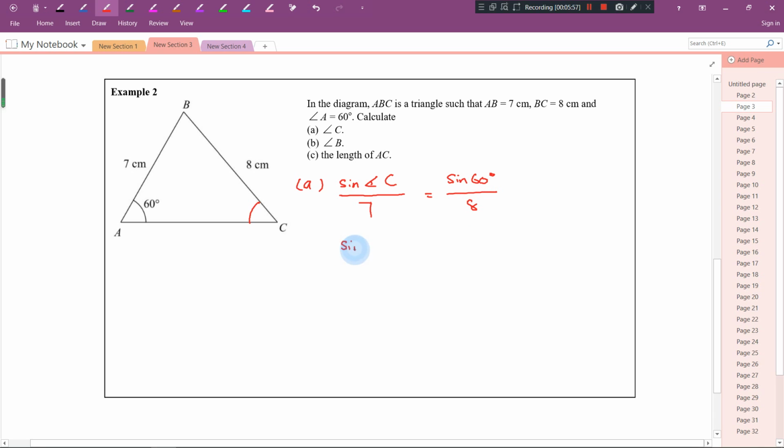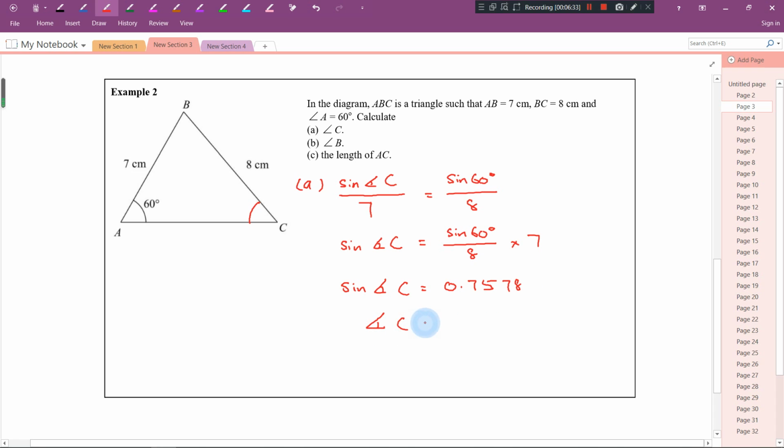Now sine angle C is equal to sine 60 degrees over 8 times 7. Okay, so let me get the value for this part first. Sine 60 divided by 8 times 7. So you should be able to get 0.7578. If you want to take more decimal places, also can, no problem.